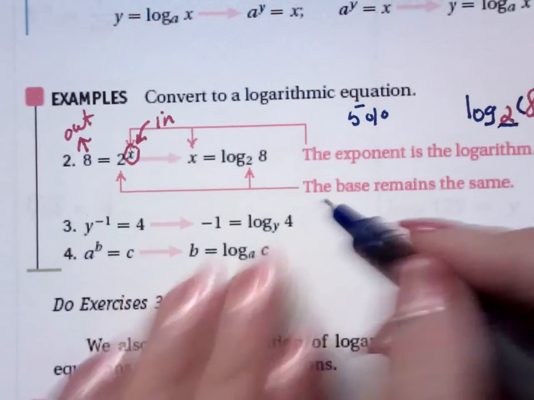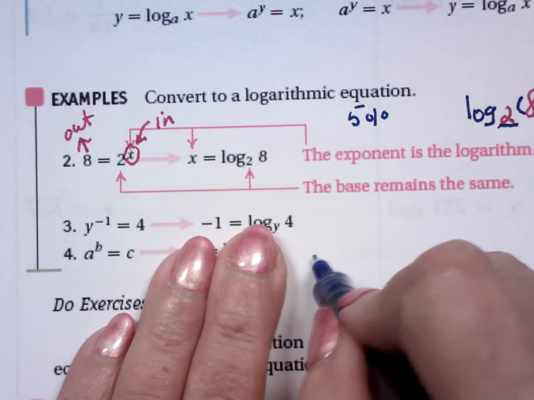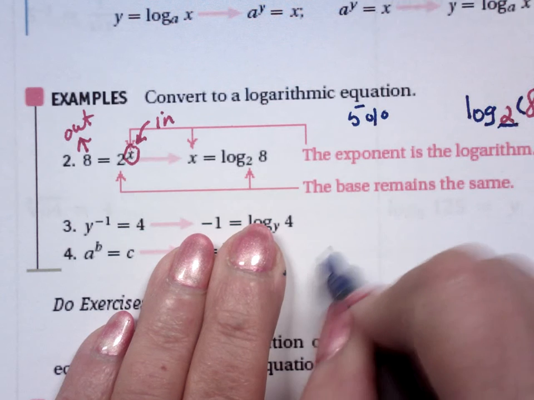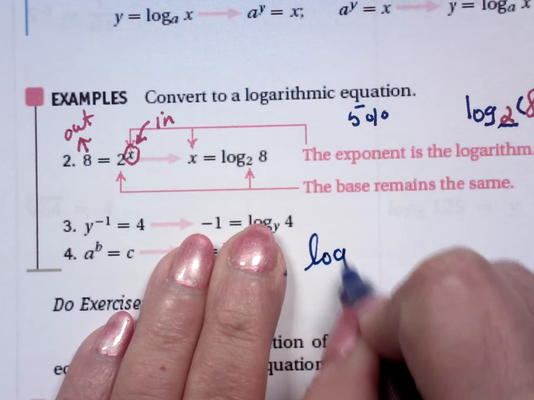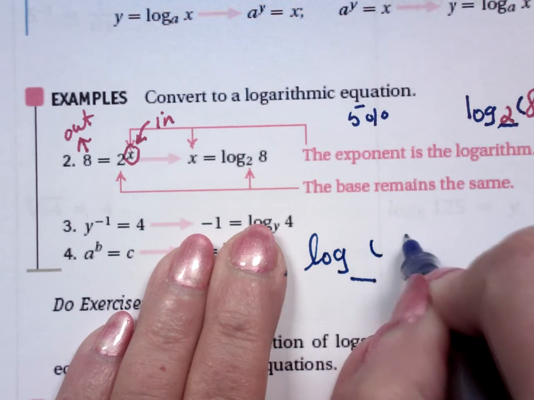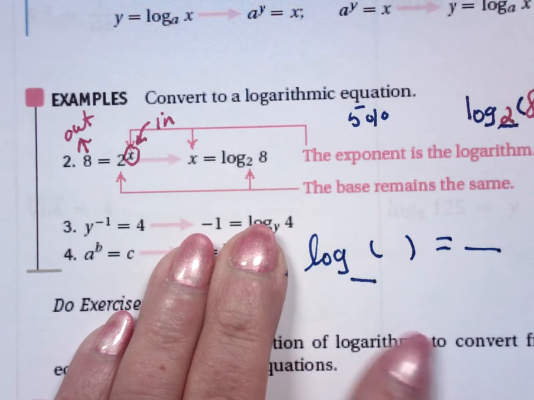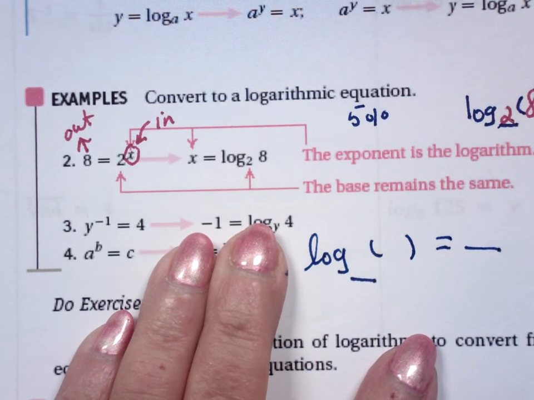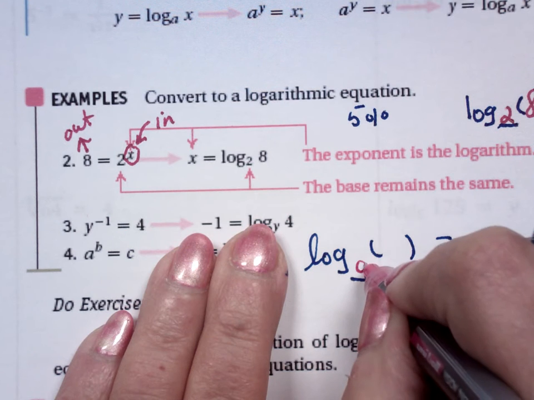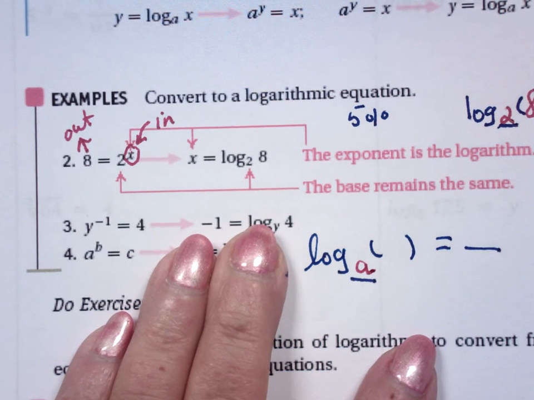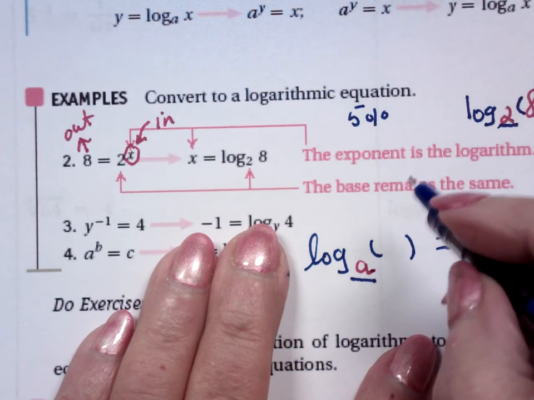So if I look at this, and I say, okay, I want to write it as a logarithm. Log base something equals something. What's the base? A. What does the logarithm do? What's the output?